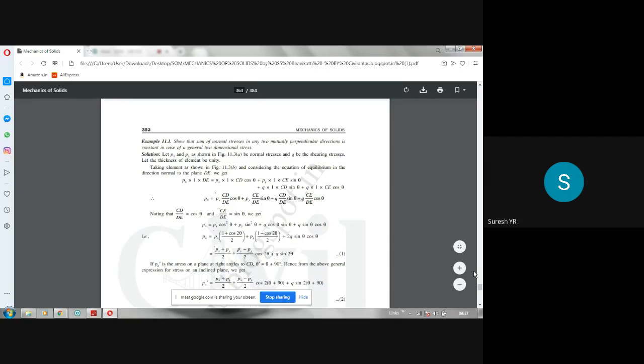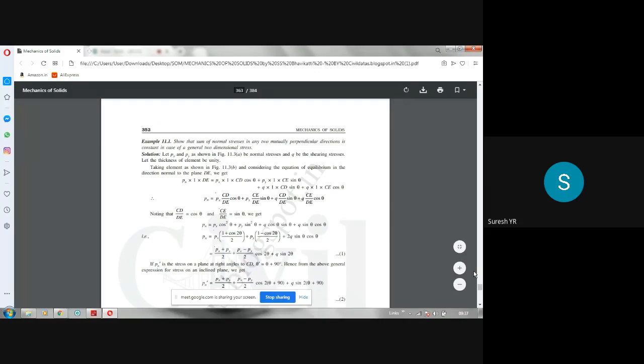Another type of problem we covered was, given the values of Px, Py, Q, how to find the major principal stress as well as the minor principal stress, P1 and P2 values, using the formulae, and also how to find the maximum shear stress and the respective planes.